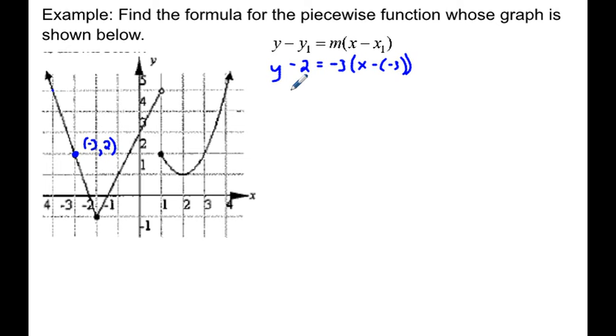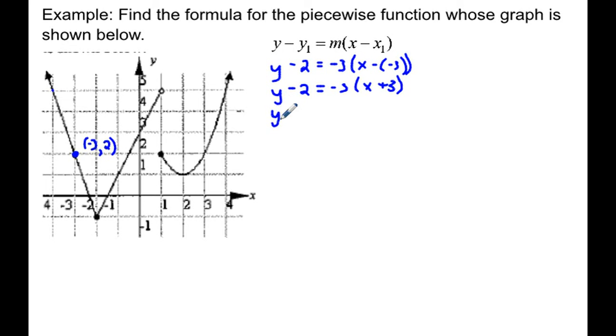From here, I'm going to simplify my equation as much as possible. So I'm going to have y minus 2 is equal to -3 times x plus 3. And I'm going to move my 2 over as well as distribute my -3 in.